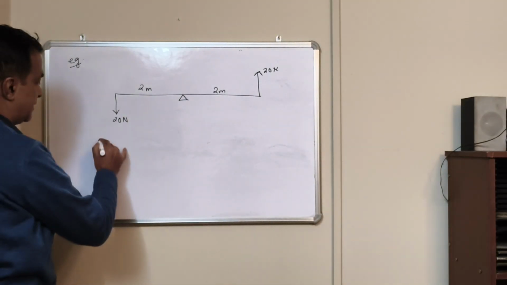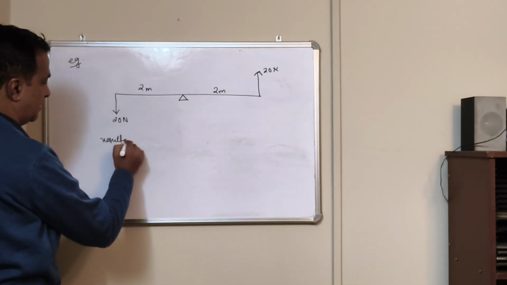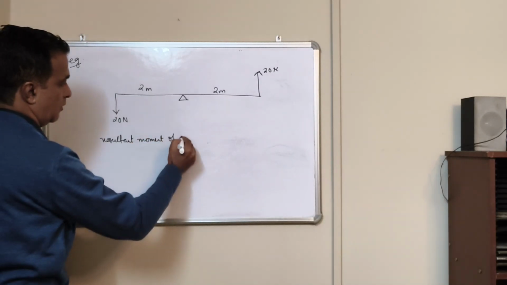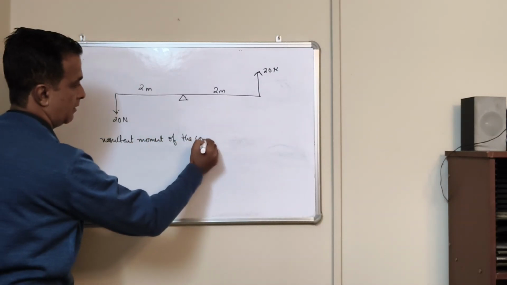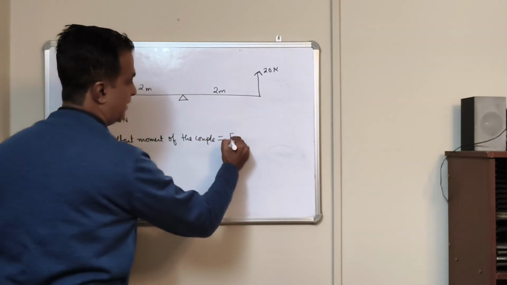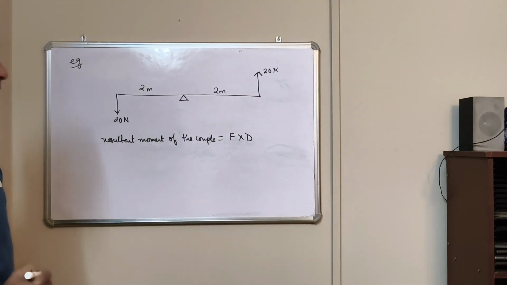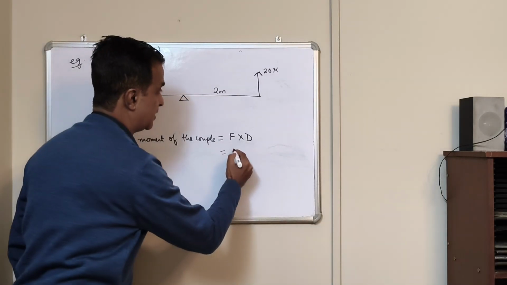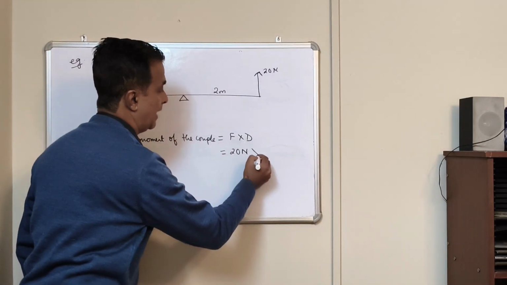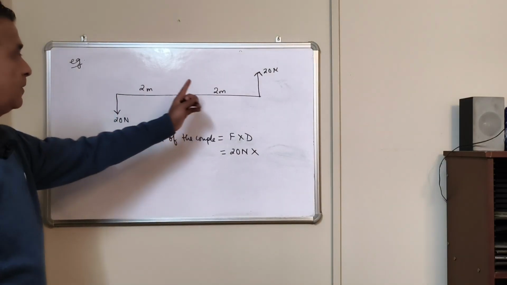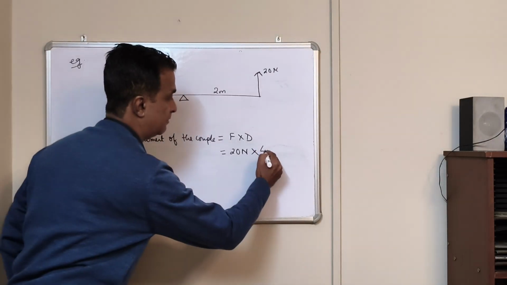So here the resultant moment of the couple will be F multiplied by D. Meaning you just choose any one force, which is 20 Newton, and multiply it by the total distance between the two forces. 2 plus 2, 4 meters.